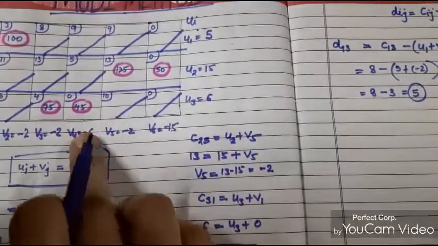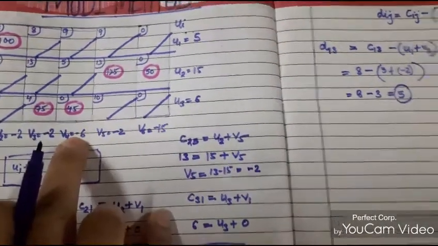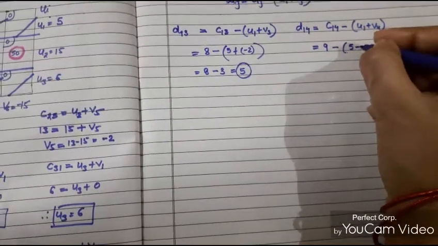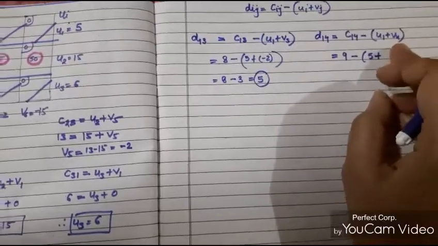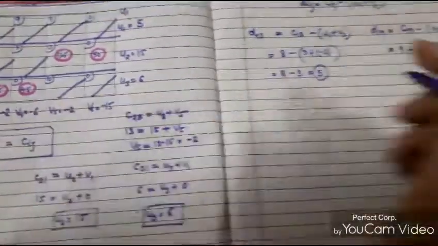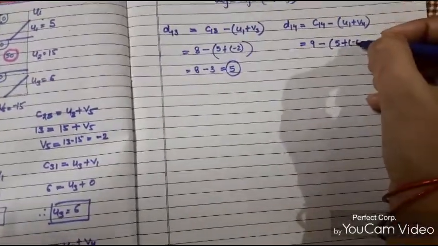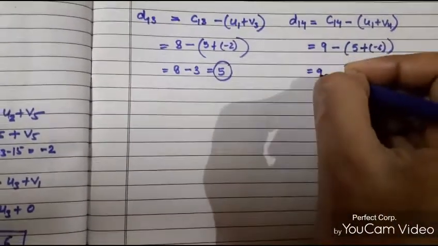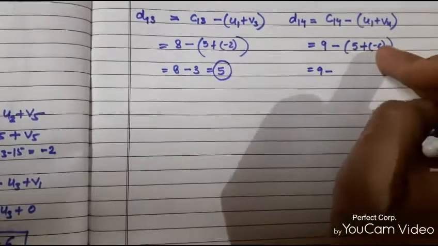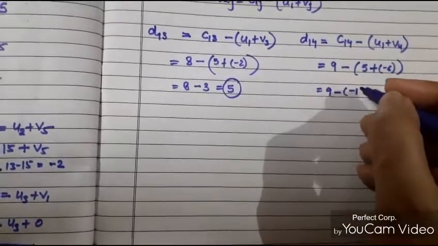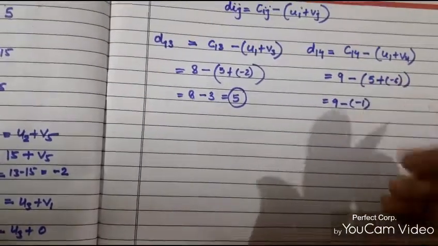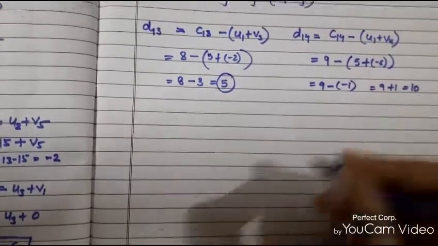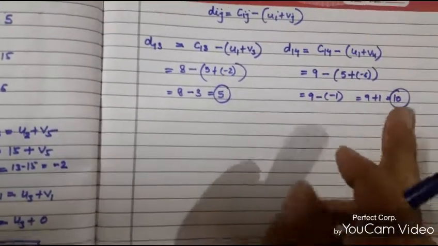And what is the Vj for this? V4 is minus 6. So we write 5 plus V4 in bracket, minus 6. Right, let's start solving it. 9 minus 5 minus 6, that means minus 1, and this will be 9 plus 1, 10. So this is the value of the second Dij.